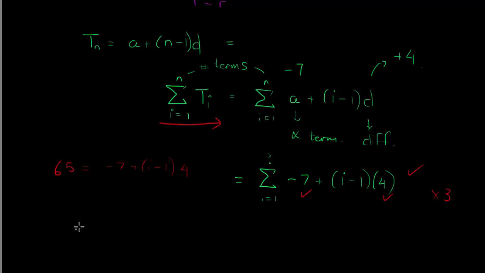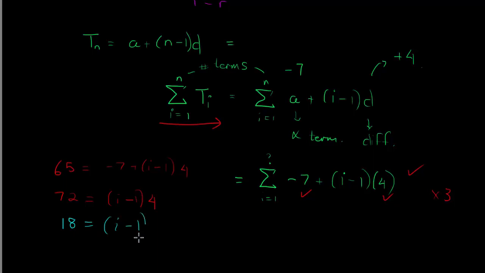What will be the highest value for i to get 65? 65 plus 7 on the other side gives me 72, which is equal to (i minus 1) times 4. Divide both sides. That gives me, is it 18? I think so.